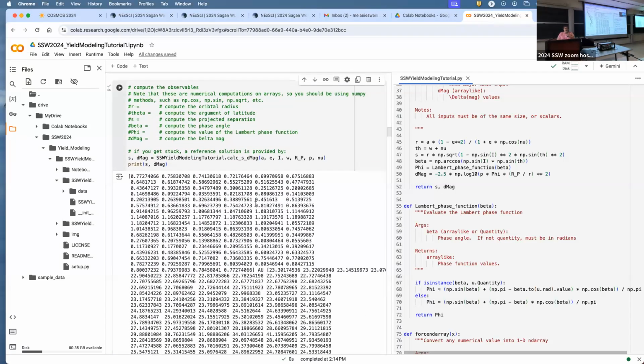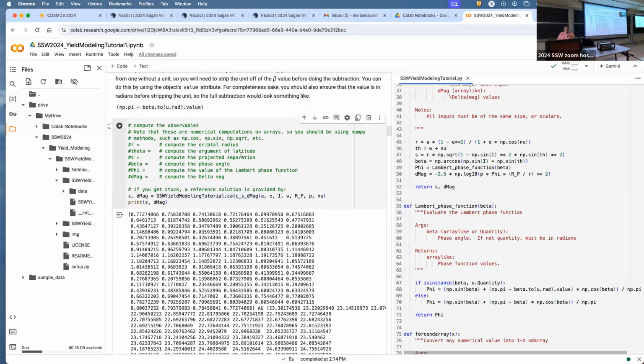Is this the cell that's not working for you? Okay, so in this cell, I've cheated, but what you guys are supposed to do is actually write in the equations for R, theta, S, and beta. This is your opportunity to write a little bit of code here. This is the exercise.